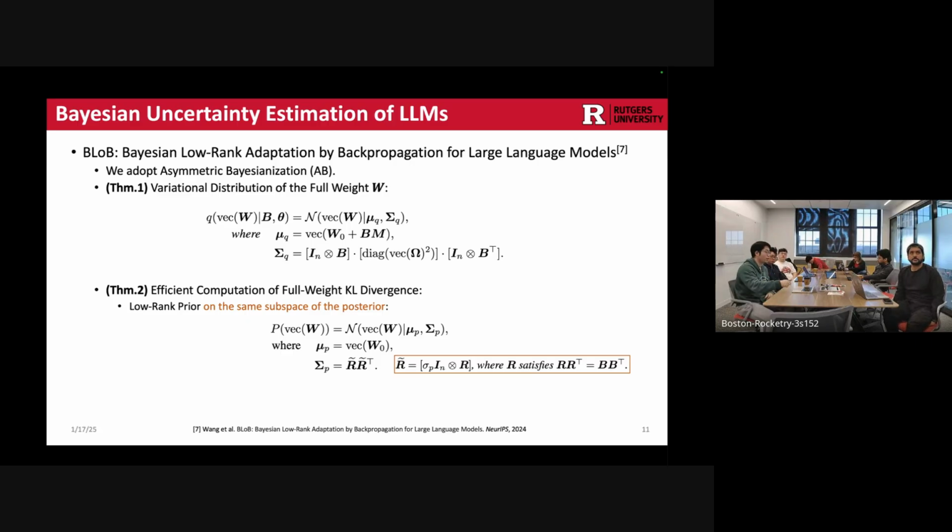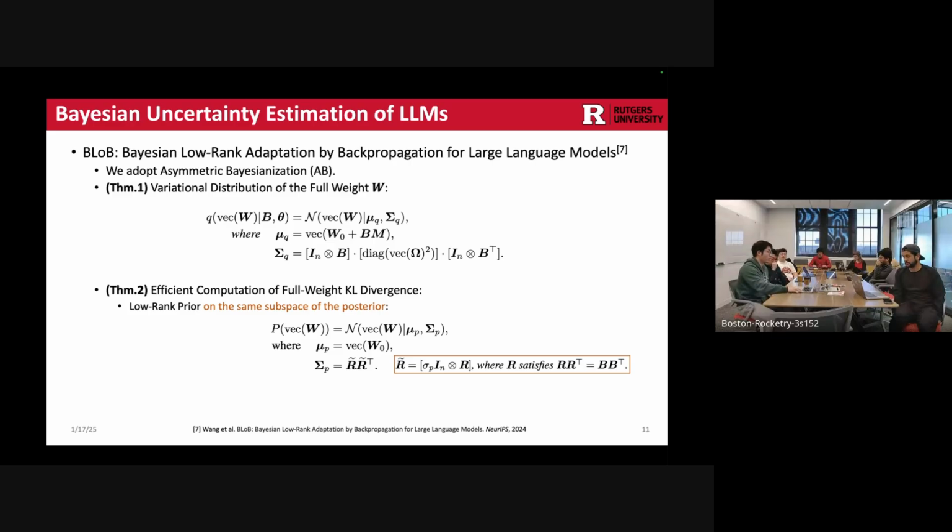We need to set P of W also as a Gaussian with a similar low rank structure, with R transpose R equals B transpose B. It's just something that we show in the paper.